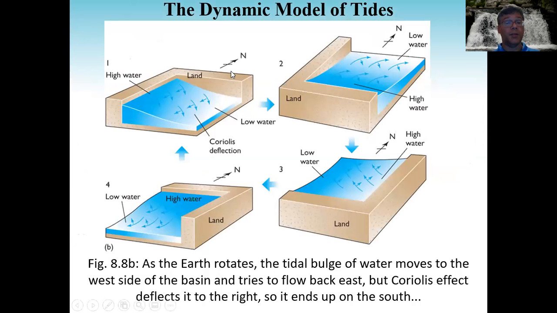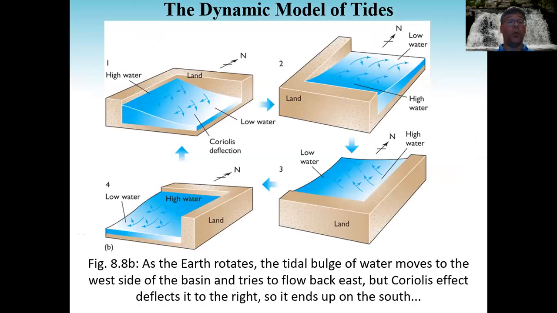Okay, so we've got the tide, the Earth is spinning, it heads towards the east, that's why sunrise is in the east, and so that tidal bulge is going to end up pushing up against the west side of our ocean. But water is not good for trying to make a hill out of. It will try to drain back.